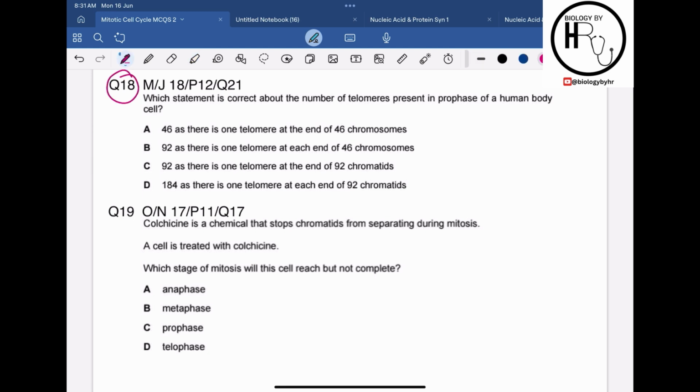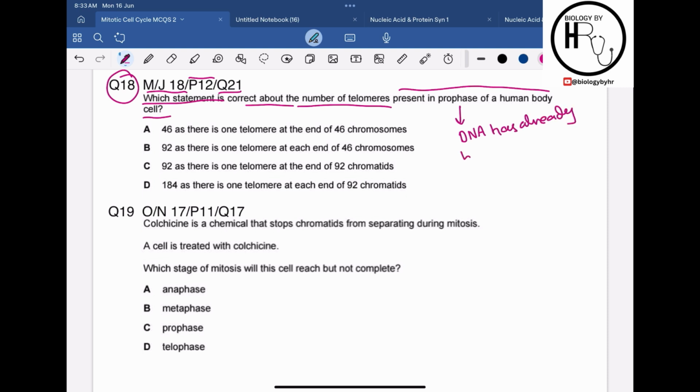Question number 18 is from May-June 18 paper 1 question 21. It says: which statement is correct about the number of telomeres present in the prophase of a human body cell? In the prophase we know that the DNA has already been replicated, right?